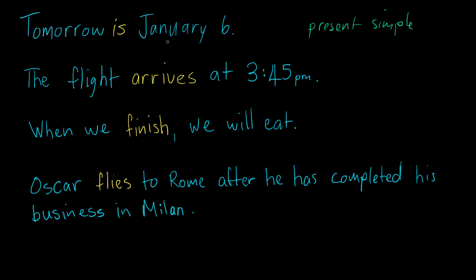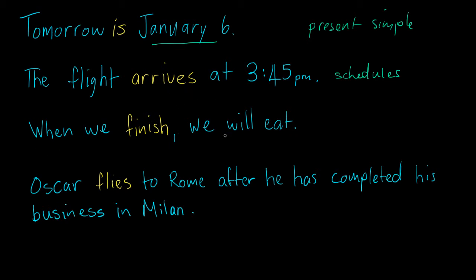"Tomorrow is January." So when we're talking about dates, calendar dates, we can use the present simple. "The flight arrives at 3:45." I'll just write here schedules. So schedules, train schedules, or whatever you like. So present simple for schedules.